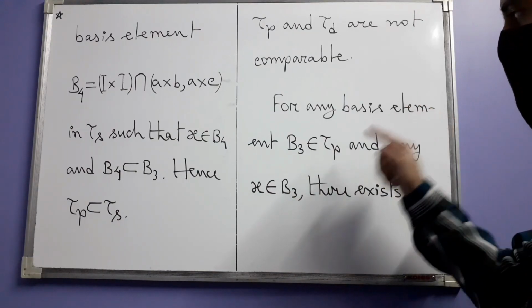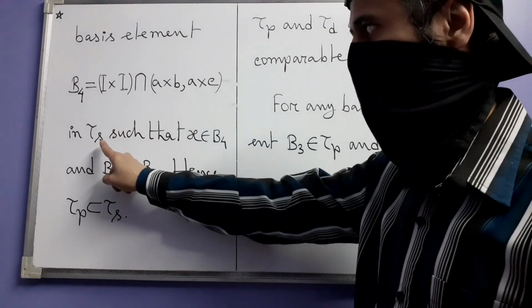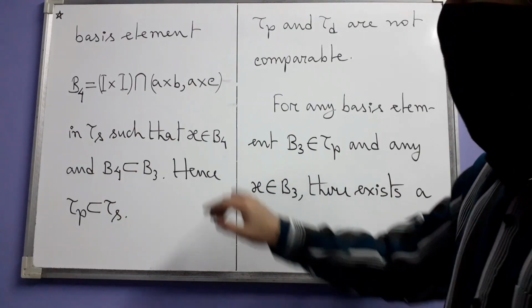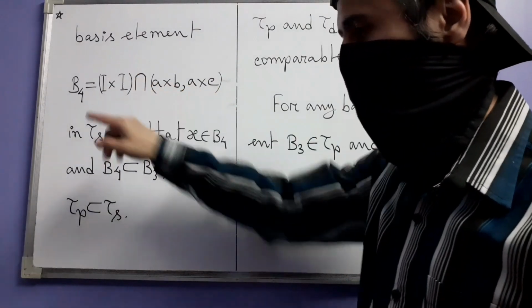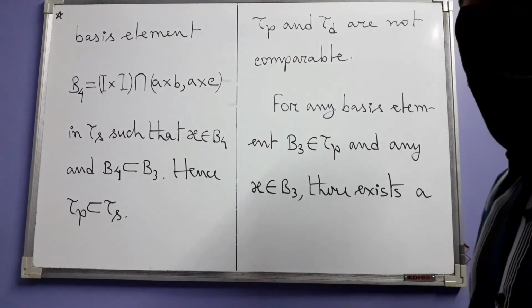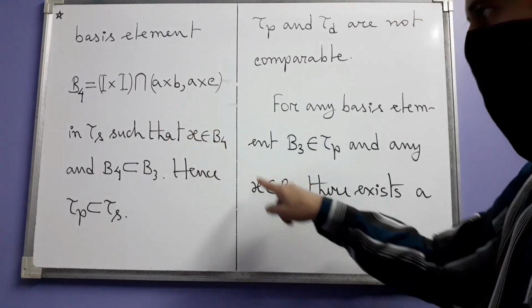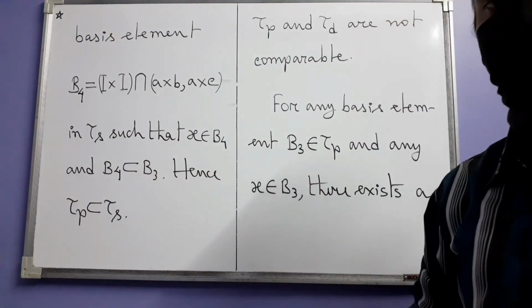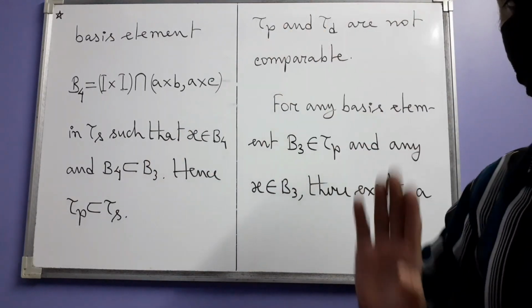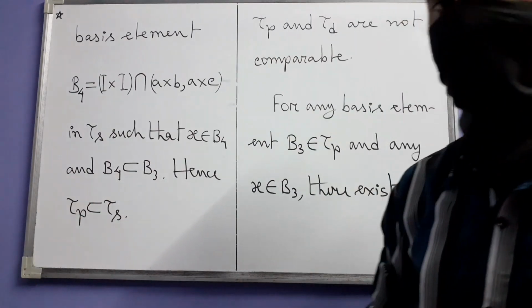Then for such a basis element, there exists a basis element B4 in the subspace topology, which is the intersection of our square, that is I times I, with a vertical open interval, such that this B4 contains the point x and is itself contained in B3. So unlike the previous two topologies, now the subspace topology is finer than the product topology.